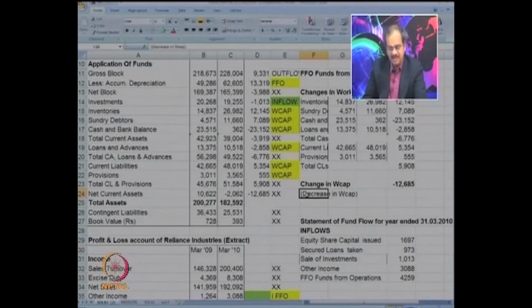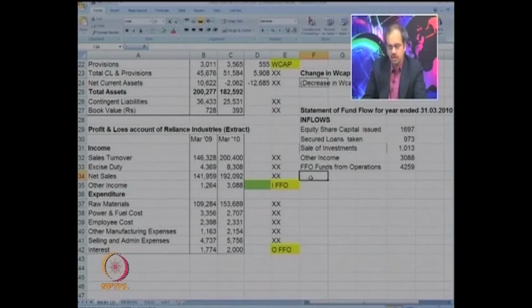Then there is a decrease in working capital. This also represents an inflow. In most cases we observe that as business increases, the working capital requirement tends to increase. But in the case of this company, Reliance, you can see that for March 2010 there was a decrease in working capital. So it releases funds for day-to-day operations.